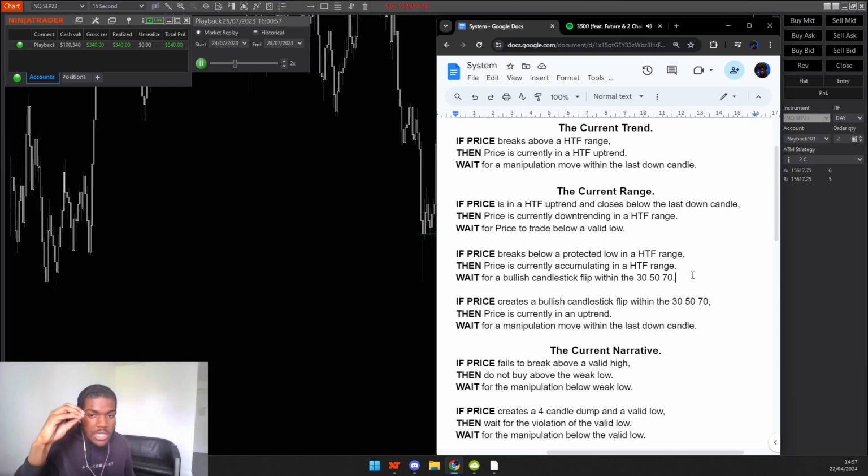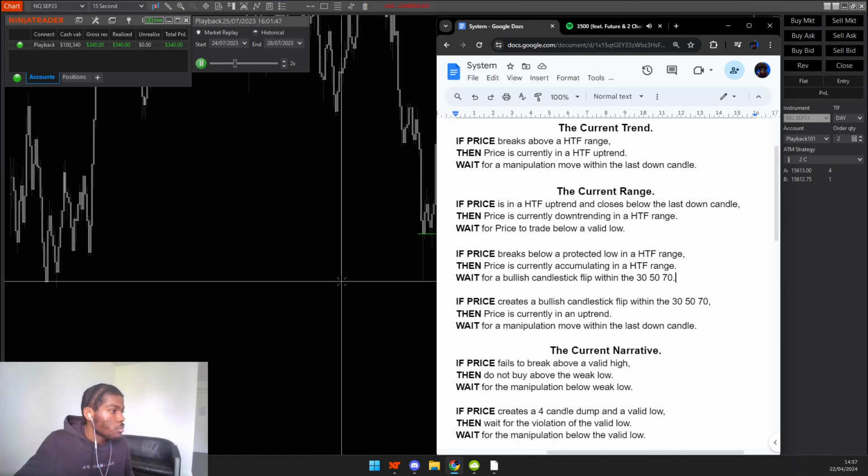Because this is so detailed that you can't analyze everything. Bro, it's so much for me to process. You need to be able to make this a habit first, making sure you got one side of the market down. Once you've got one side of the market down, then you have enough mental energy, mental space to incorporate counter trending.